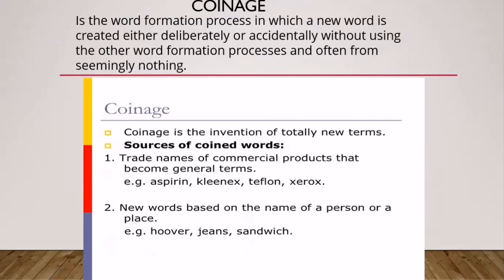And then we have cognitus, a formation process in which a new word is created, either deliberately or accidentally, using a word formation process and often from similar sounds or names. This one is also clear to me. As an example, we have the names of commercial products that become general terms, like aspirin.